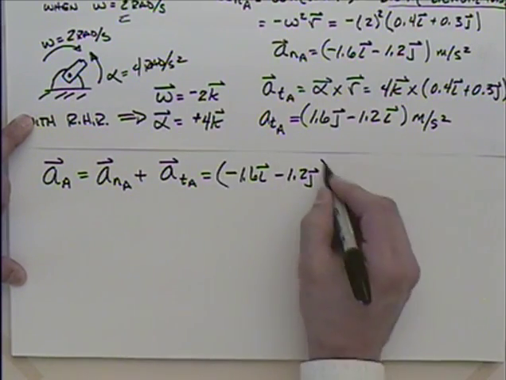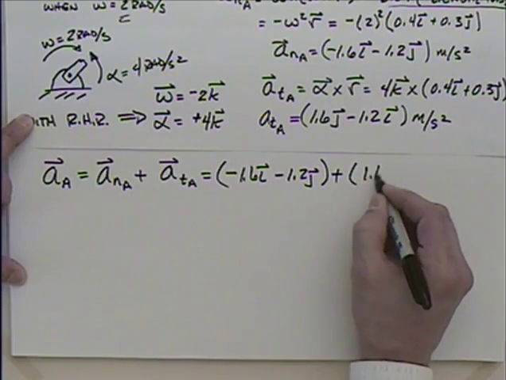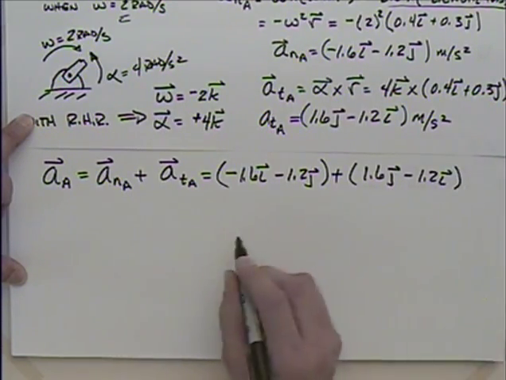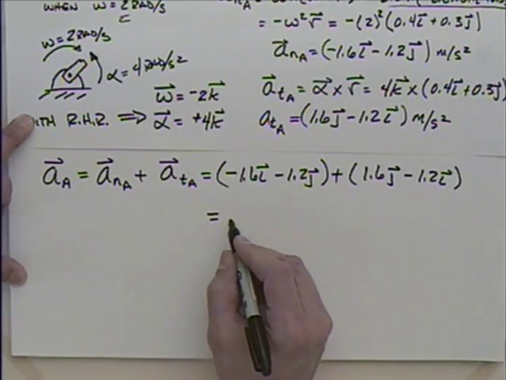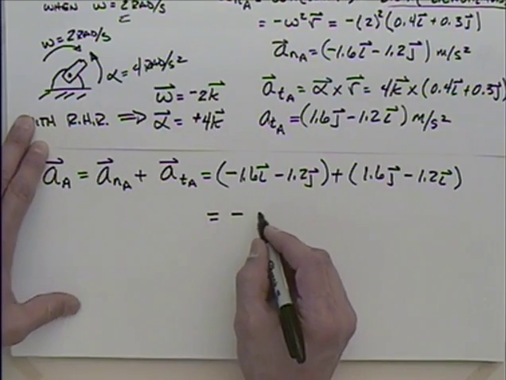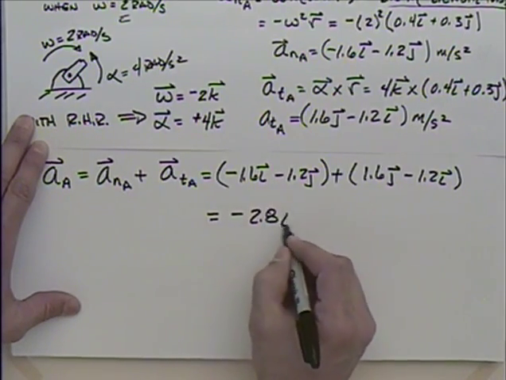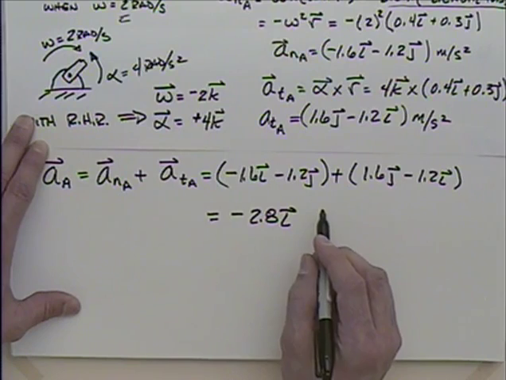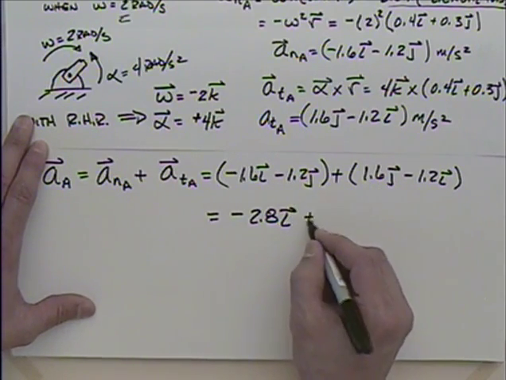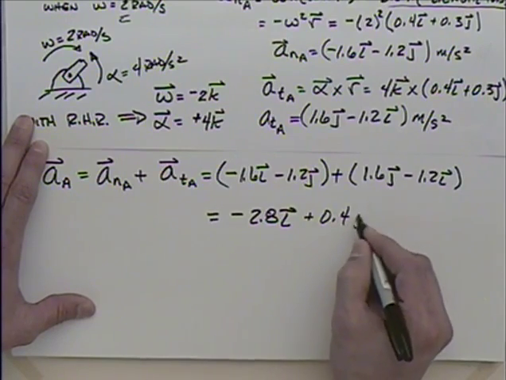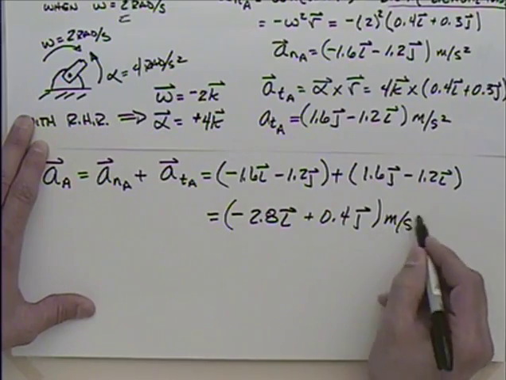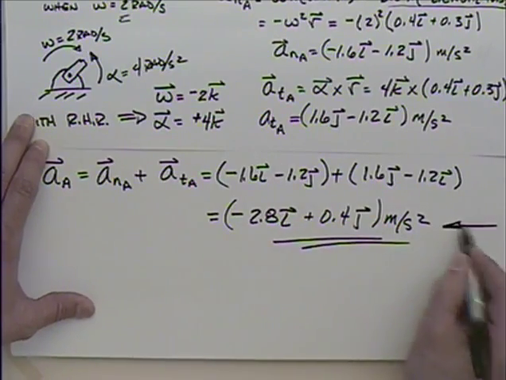And then I have to add that to 1.6 in the j minus 1.2 in the i. What do we come up with? Minus 2.8, is that right? Yeah, minus 2.8 in the i direction. And what do we have for j? Minus 1.2 and 1.6 gives me plus 0.4 in the j. Okay.